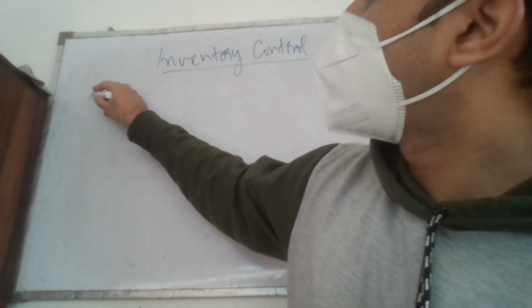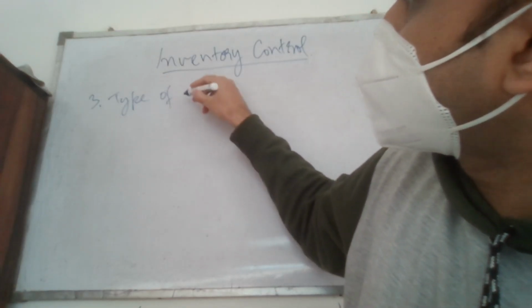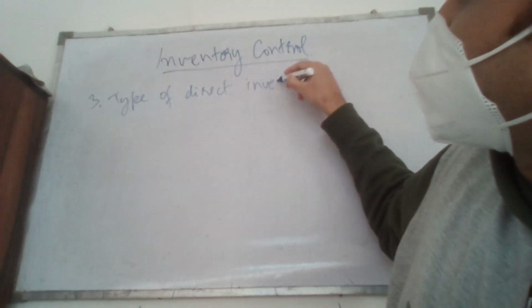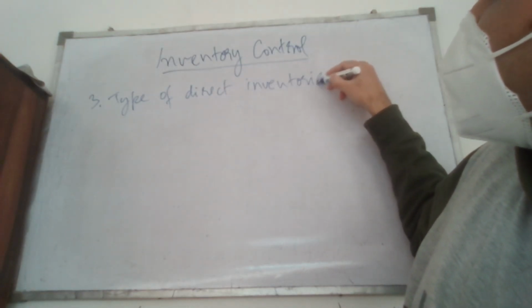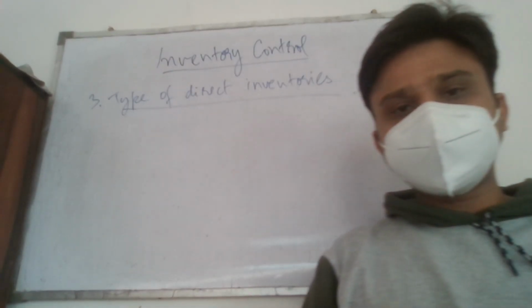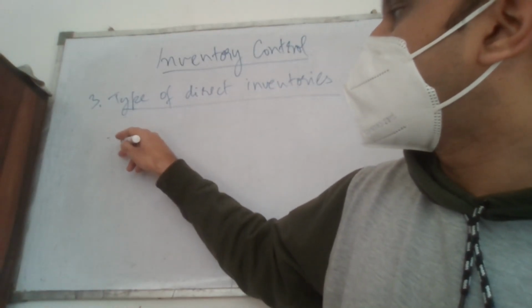The next topic which we are going to take is types of direct inventories. So we have raw materials.